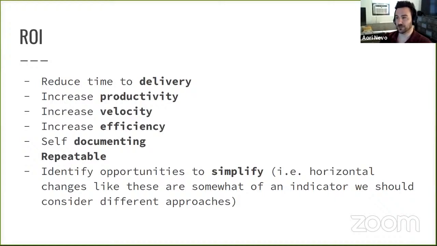What that does is it reduces the problem to a dependency management tooling or processes problem. So that's always good. So maybe you would look at Renovate Bot or Dependabot at that point. Not saying that that's always the case or that's what you should do, but it's something to consider when you're seeing these horizontal changes cropping up multiple times.